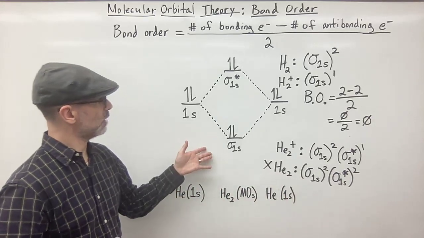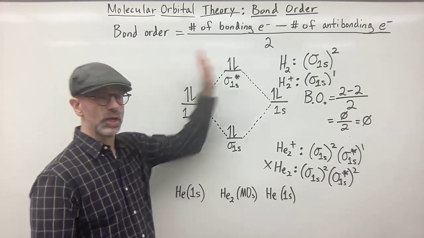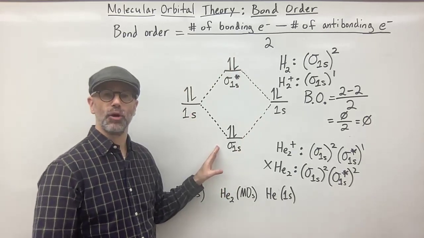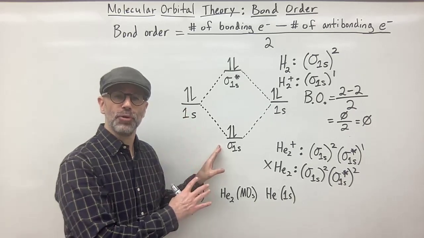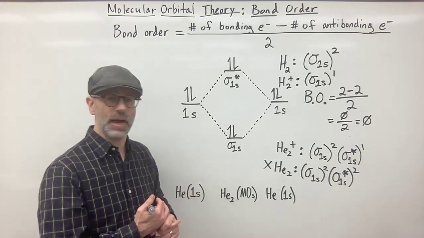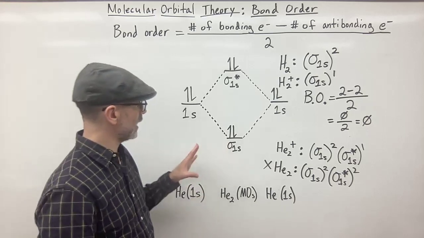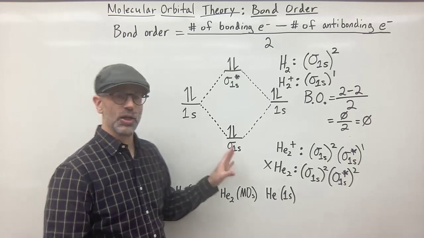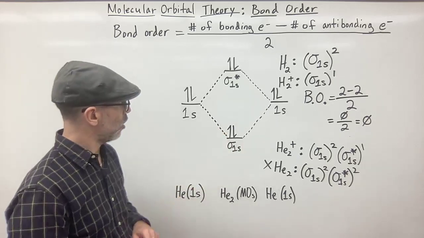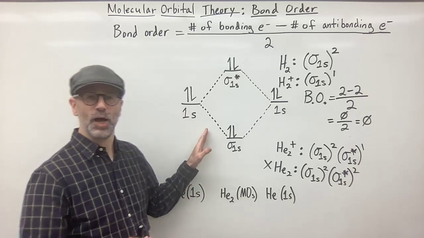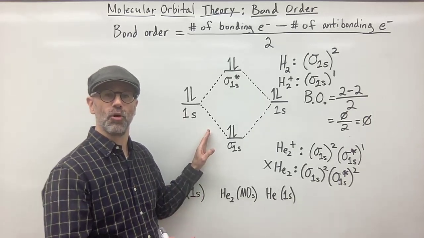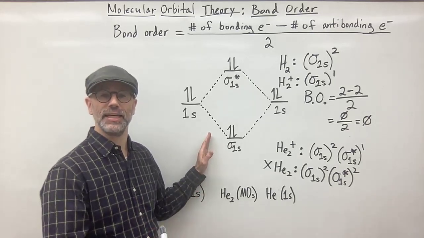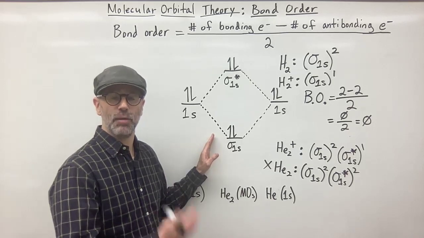The other thing I want to talk about is the fact that molecular orbital theory not only helps explain the results that we saw from previous theories like valence bond theory, where you can get a single bond, double bond, or triple bond in your molecule between certain atoms, but it also helps explain the idea of having an odd number of electrons.